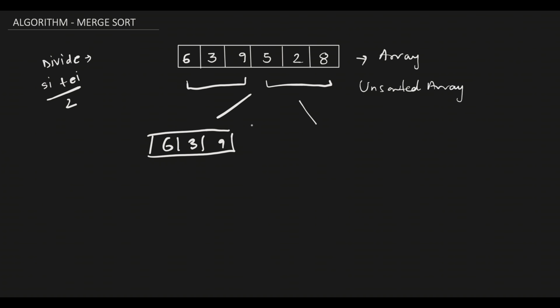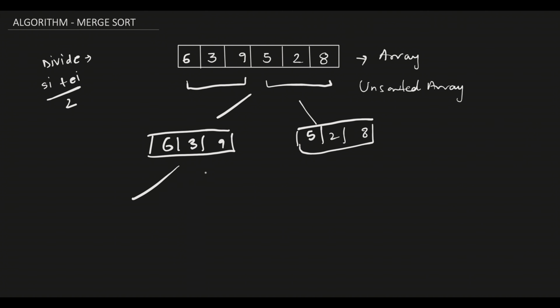This will be my first step, where the given array is divided. We break the given array into two parts, and we divide it till we get the smallest elements, and we then sort the array. So 6, 3, 9 is one part, and 5, 2, 8 is the second part.